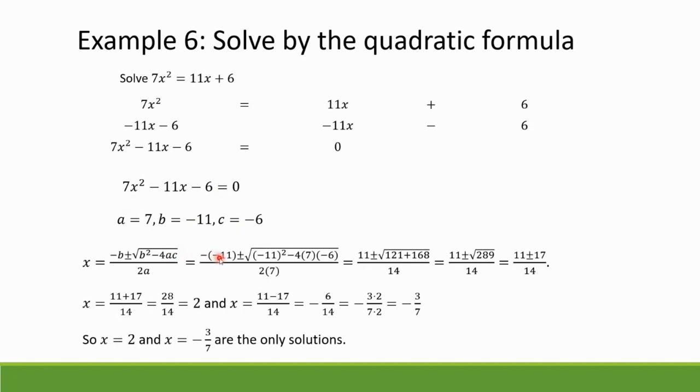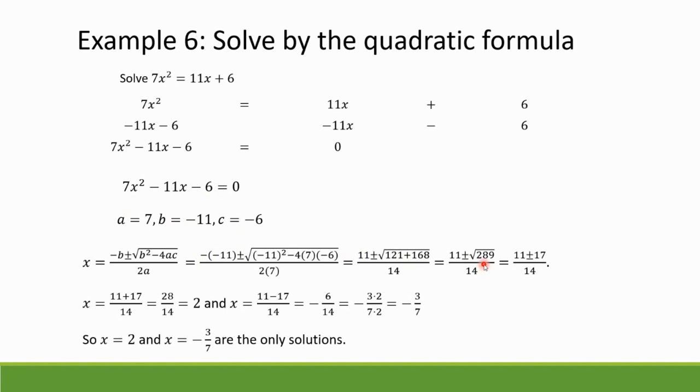We get negative negative 11 plus or minus the square root of negative 11 squared minus 4 times a, which is 7, times negative 6, over 14. And now it does take a little calculation. You end up getting 11 plus or minus the square root of 289 over 14.